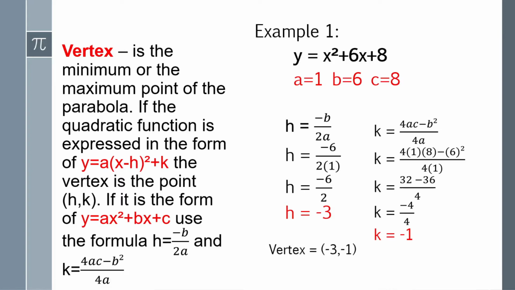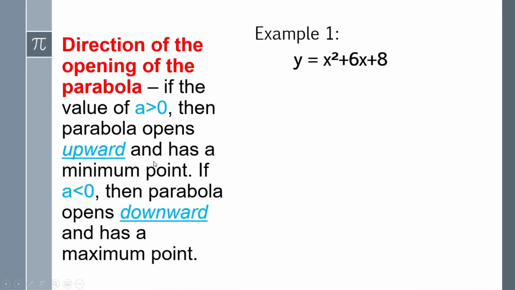So, ganun lang ang gagawin natin kapag ang given ito naka-standard form. So, use the formula for h and k. So, kapag ganito naman, madali lang natin pukuha yung vertex niyan. Next characteristic is the direction of the opening of the parabola. If the value of a is greater than 0, then the parabola opens upward.